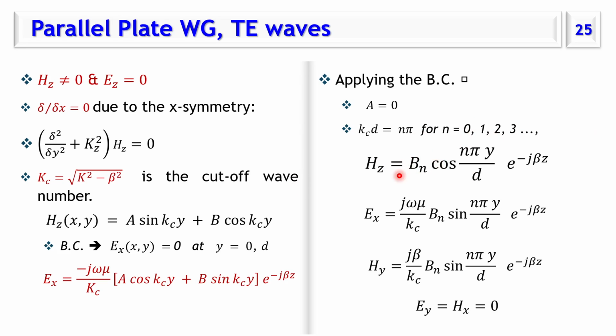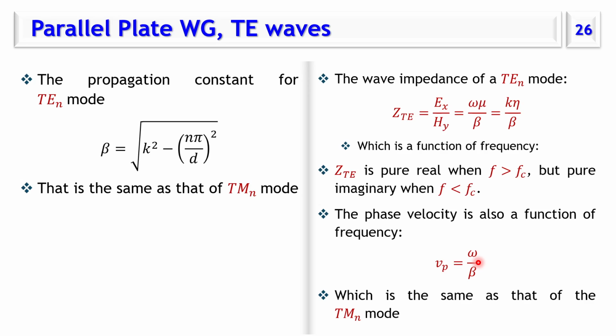According to this, A will equal 0, B will be B n, n is the mode number, and we will have this expression. E y and H x are always 0. If n equals 0, H z will equal a constant, but E x and H y will equal 0.